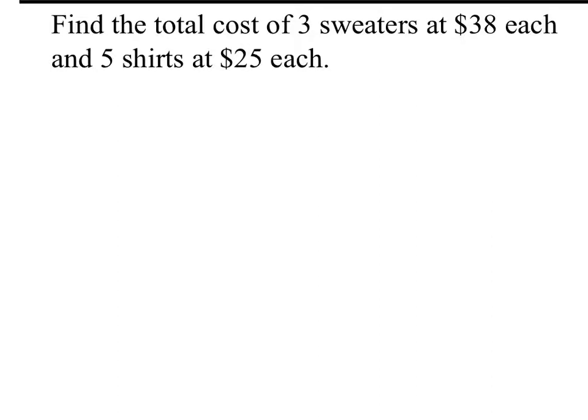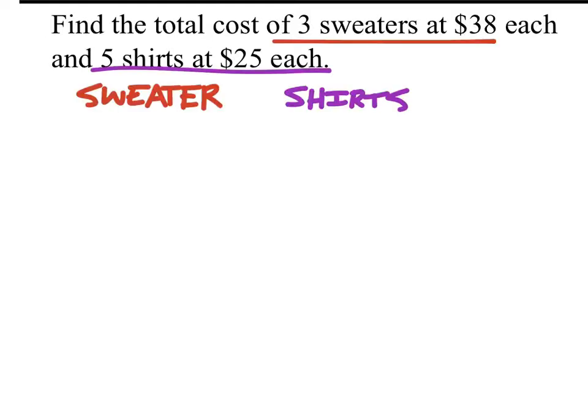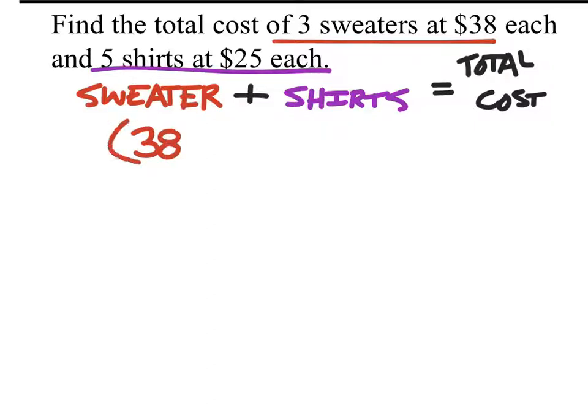Next, we have to find the total cost of 3 sweaters at $38 each and 5 shirts at $25 each. So we've got sweaters and shirts here. And since we're looking for the total cost, that means we're going to add these two numbers together to get the total cost. Now the sweaters are $38 each, but we're getting 3 of them.